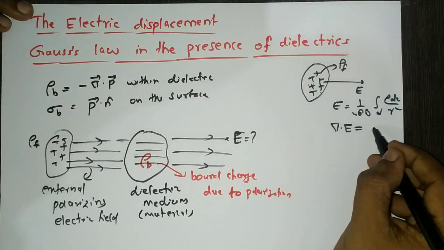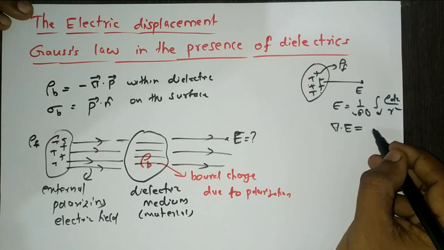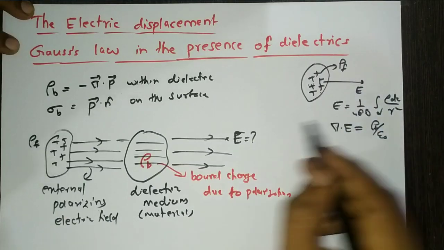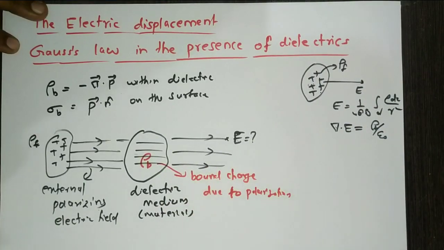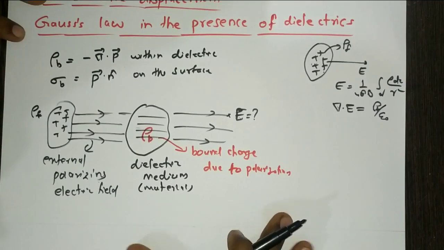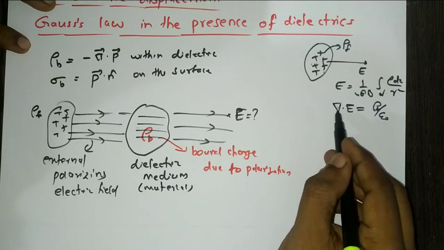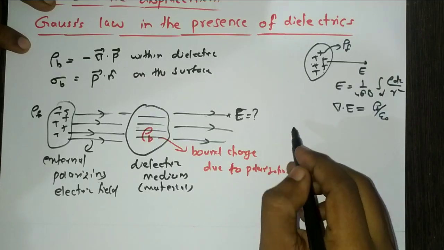Gauss's law can be written as del dot E is equal to rho by epsilon 0, where this rho is the free charges only. But here the case is slightly different, in the sense that this Gauss's law needs to be modified.